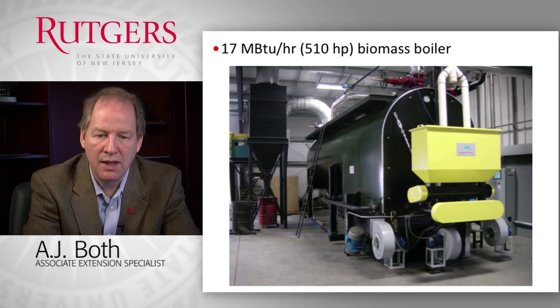You can also see that the exhaust of this particular boiler is connected to an extractor system that we use to remove any particulate matter that may be coming out of the combustion process before the exhaust gases are released to the outside environment.